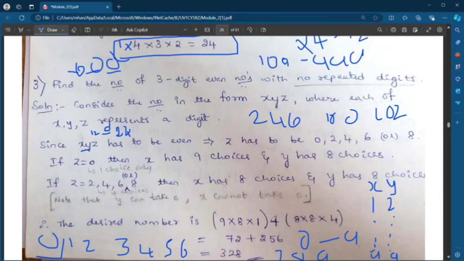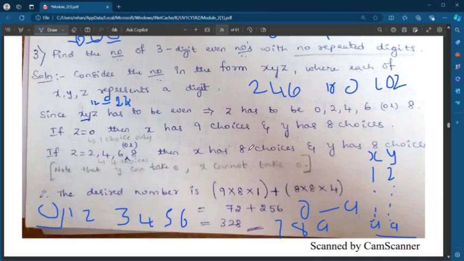When y has 8 choices, if z equals 2, 4, 6 or 8, then x has 8 choices and y has 8 choices. Why? If I'm taking 0 here, in the x place 0 cannot come, because it has to be a 3-digit number, so I consider 1 to 9 itself.